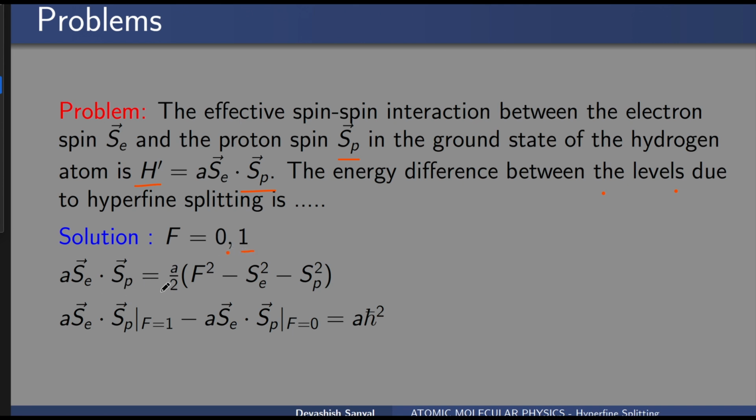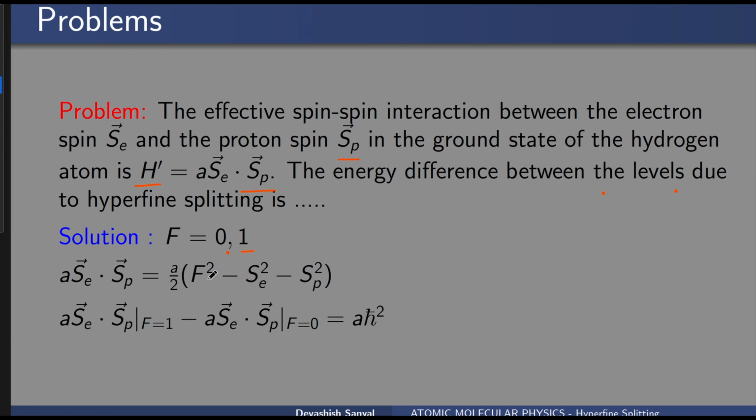So A Se dot Sp, we know, is equal to A over 2 times F square minus S square e minus S square p.